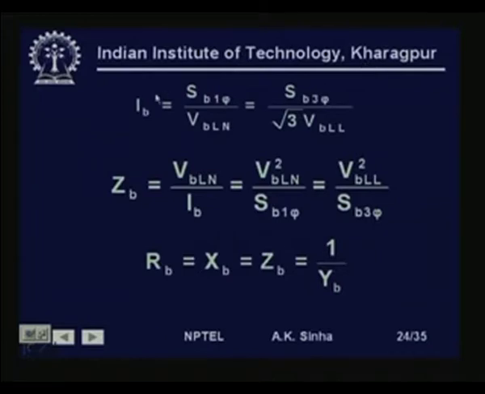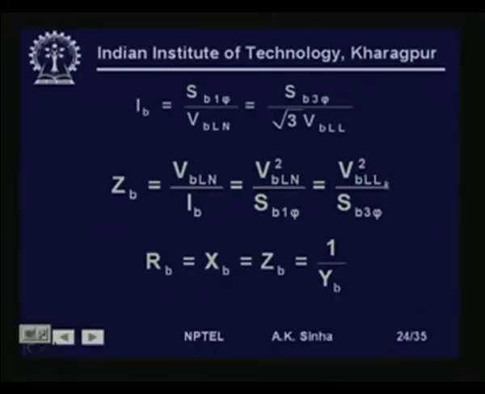Therefore, Z base for a single phase system as well as a 3-phase system is going to be the same, except that the basis for a 3-phase system has to be chosen as S base for 3-phase is 3 times the S base for single phase, and V base for the 3-phase system should be the line to line voltage base.